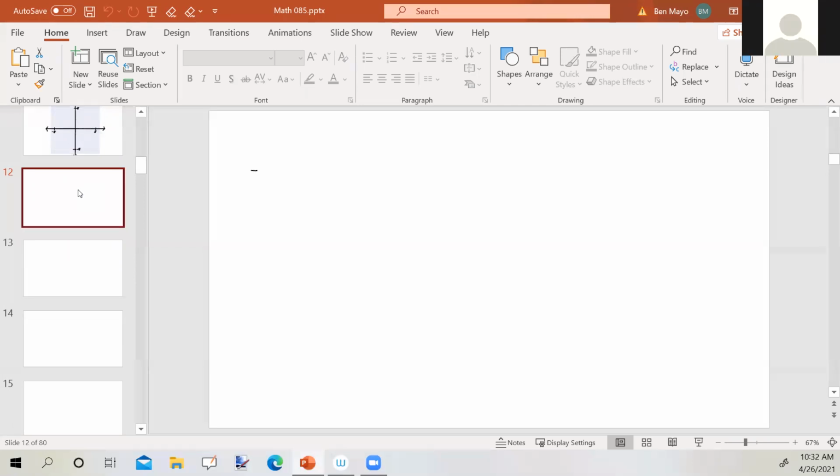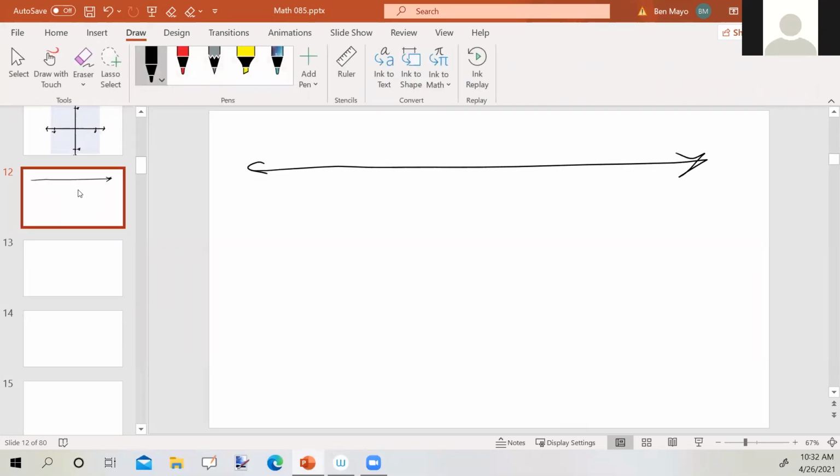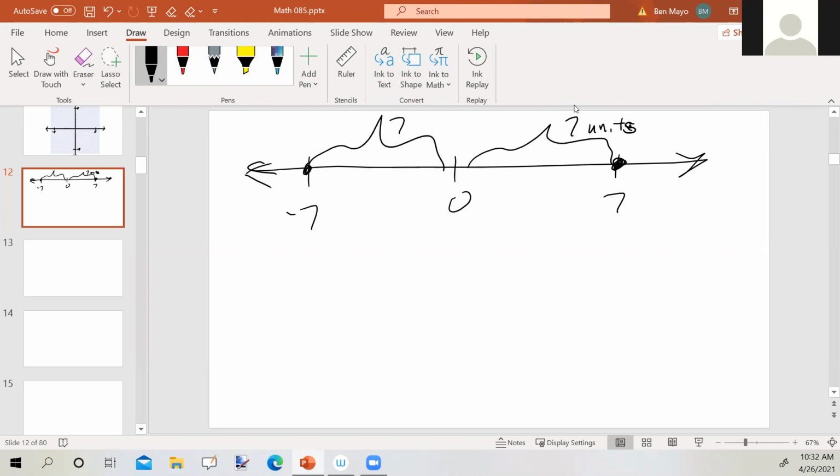So for instance, let's say we have a number line here and we have the following, okay? The distance from 7 to 0 would be 7 units. The distance from -7 to 0 would also be 7 units because distance isn't negative.